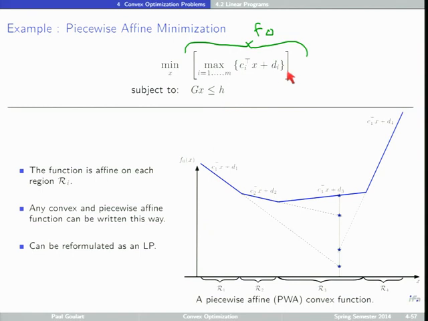So if you imagine that I have a convex function and every piece of it is flat, okay, then I can always write down a bunch of planes and then take the max of these planes, and that would describe my function exactly. Okay, and I claim to you that this function, or this problem, can be rewritten as a linear program.